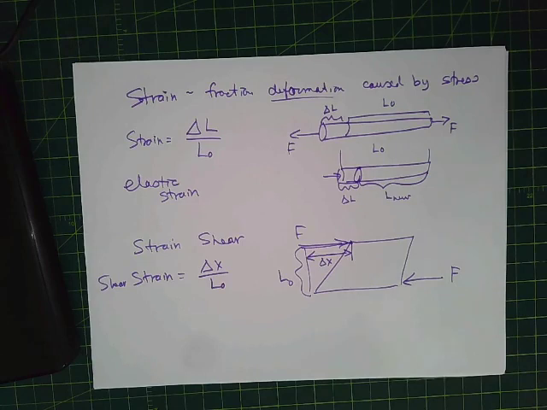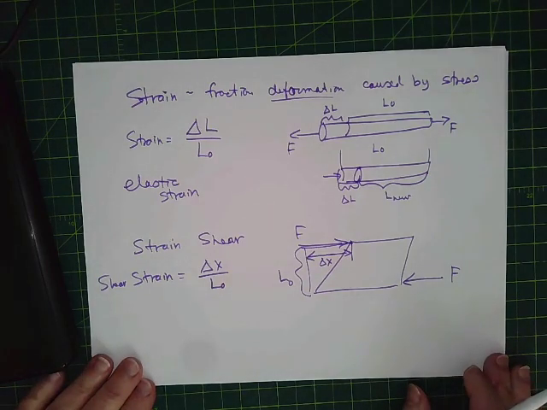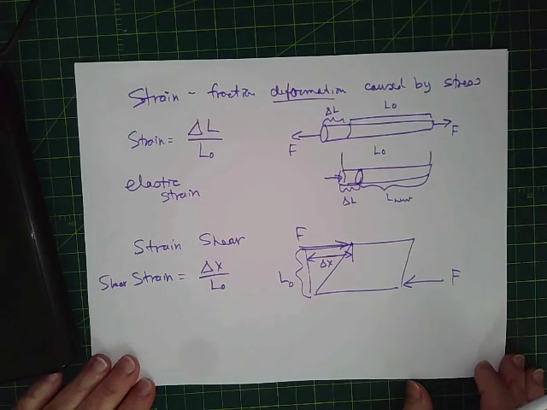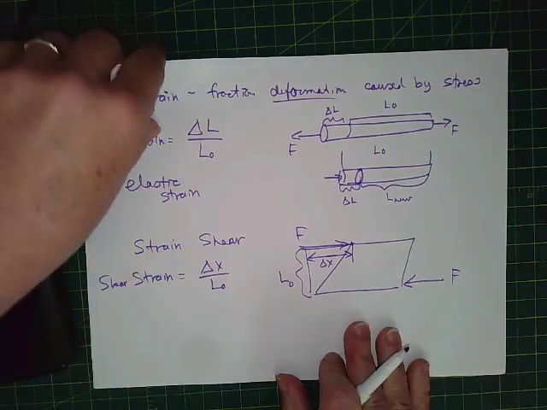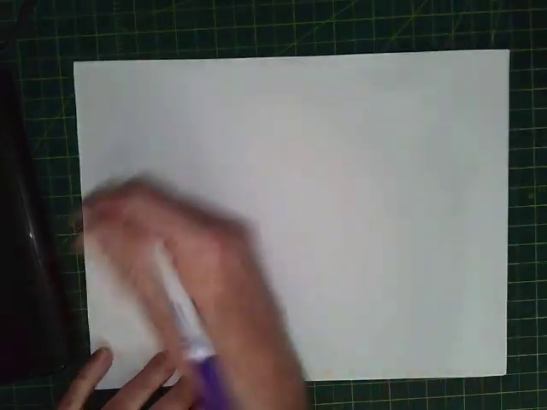All right, we'll save the bulk definitions for a little bit. But let's go ahead and look at an example here. We'll start with just the regular compressive example.